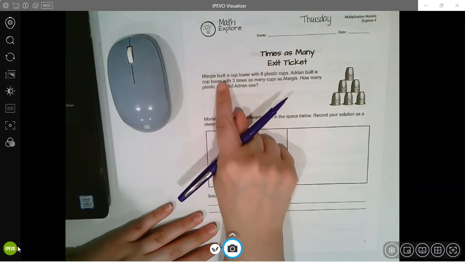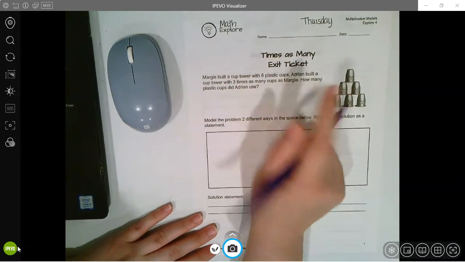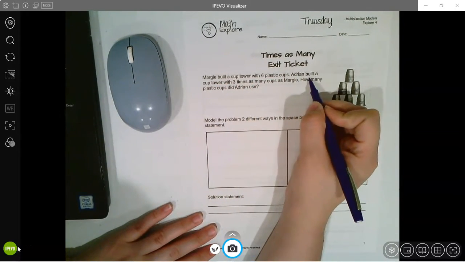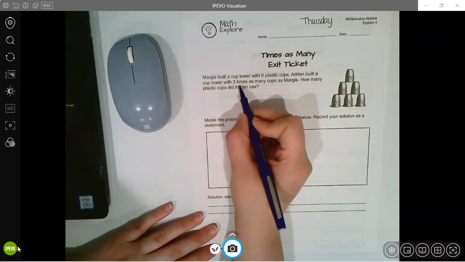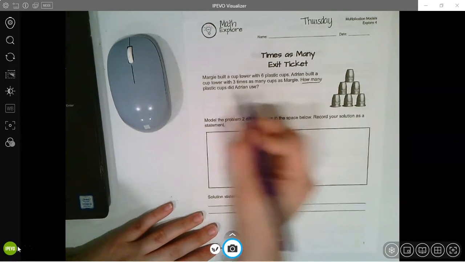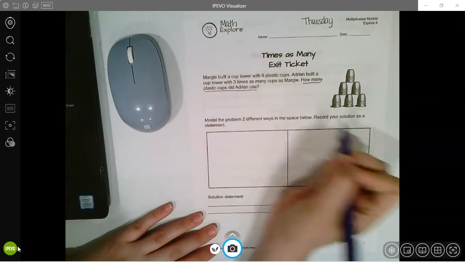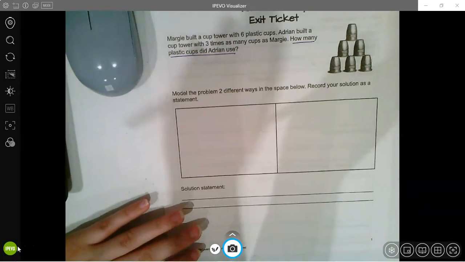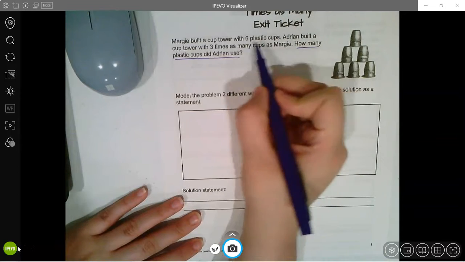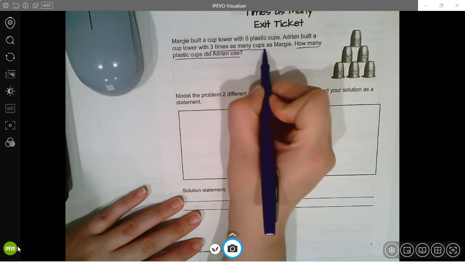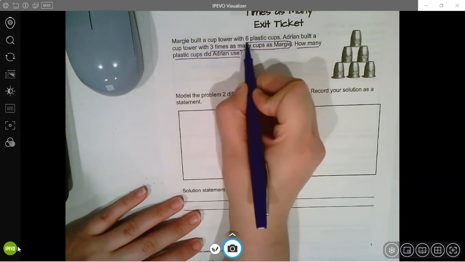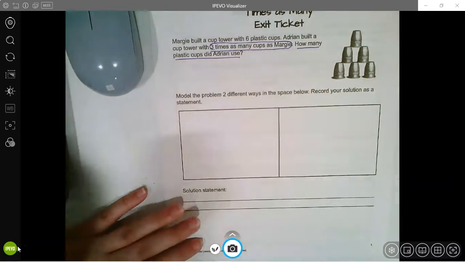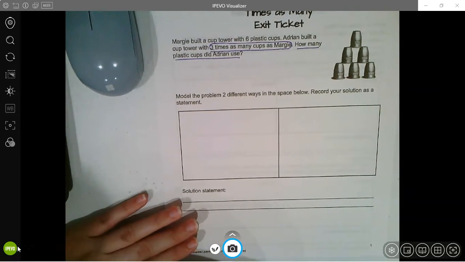It says Margie builds a cup tower with 6 cups. Adrian built a cup tower with 3 times as many cups as Margie. How many plastic cups did Adrian use? So it's telling me that Adrian built a cup tower 3 times as many cups as Margie did.